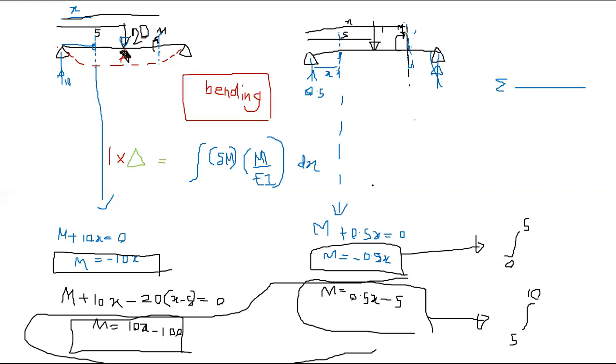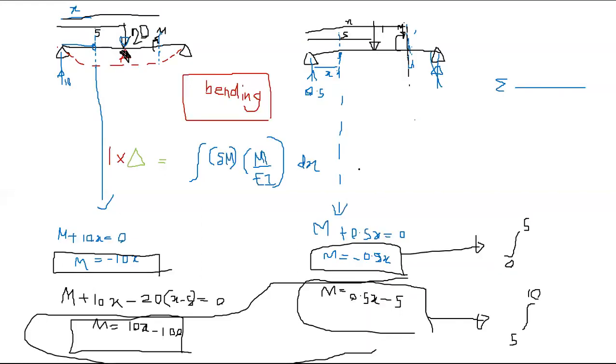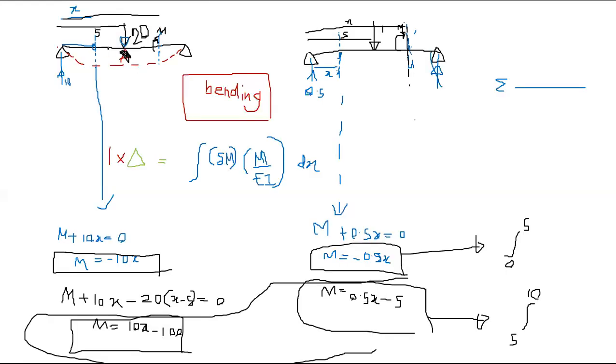Now you can go ahead and define your equation. So 1 into delta is equal to the integral where the moment is caused by the virtual loading, right? We need to separate these two equations because it's different from 0 to 5 and 5 to 10. You have two equations, two separate solves, right?